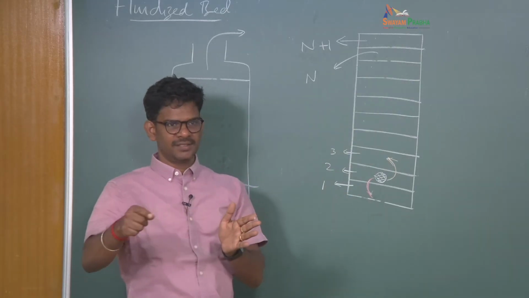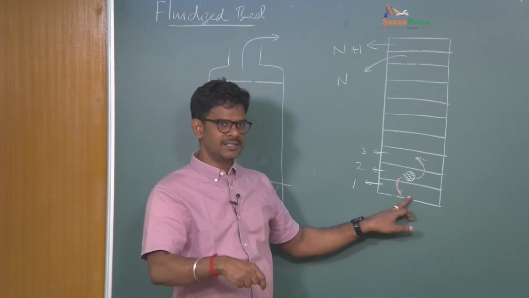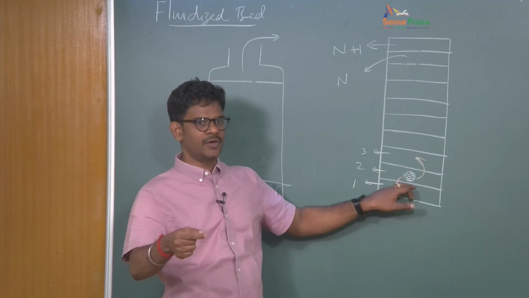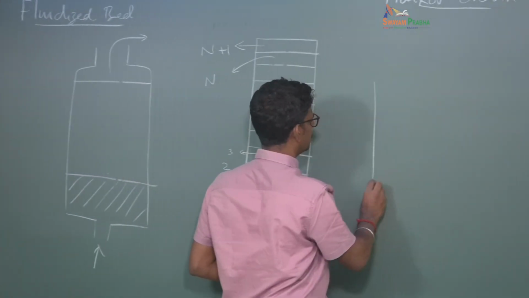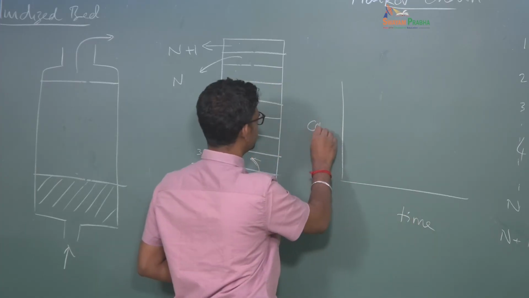When you update the particle position over time, you will see that it remains in cell 1, in the second time interval also stays in 1, and then later on it goes. You will get a trajectory when you solve this, and let us say this is your cell index.